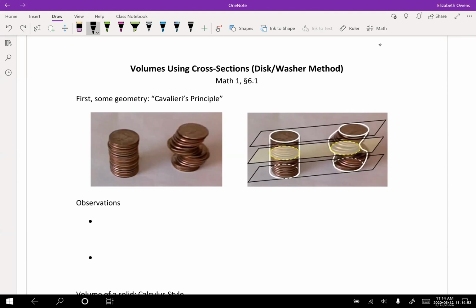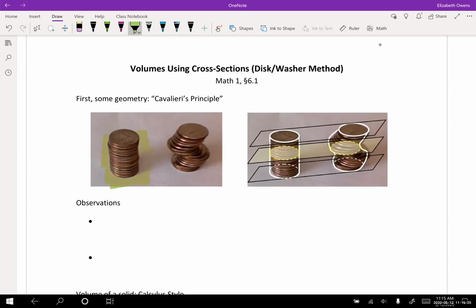All right. So first, we're going to take things back to geometry here and look at something called Cavalieri's principle. So what this involves is the volume of two different objects. In the picture here, we have two different stacks of pennies. One of them, the pennies are stacked up in a nice straight cylinder right here.